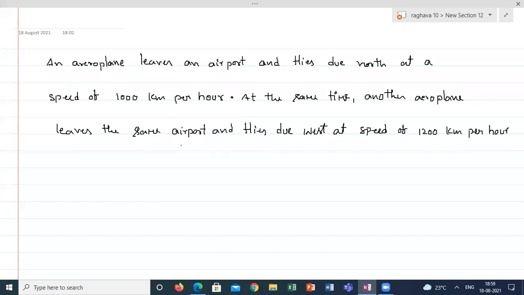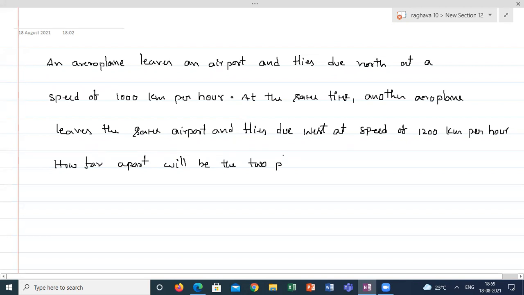How far apart will the two planes be after 1.5 hours?